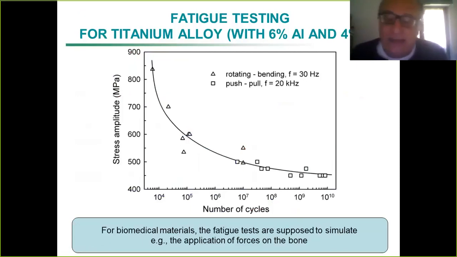Because if you think that the titanium structure is implanted with the bone, as the bone moves at the junctions, the forces are there, and so you need to consider the fatigue test.